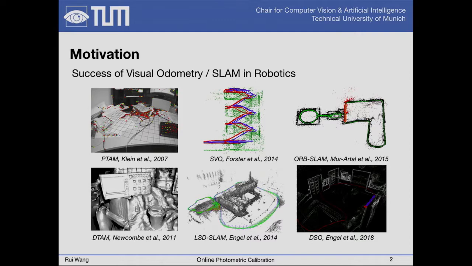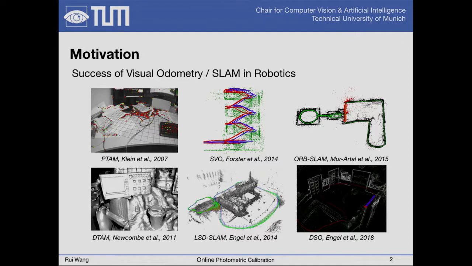So, as you know, Odometry and SLAM have seen tremendous successes in robotics and other domains. The most prominent examples are, for example, here, PTAM, SVO, or SLAM, or DTAM, LCD SLAM, and DSO. So generally speaking, there are two families of Odometry or SLAM.